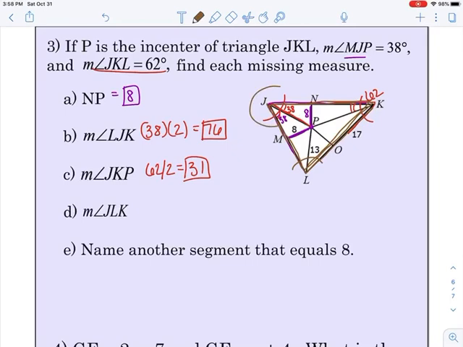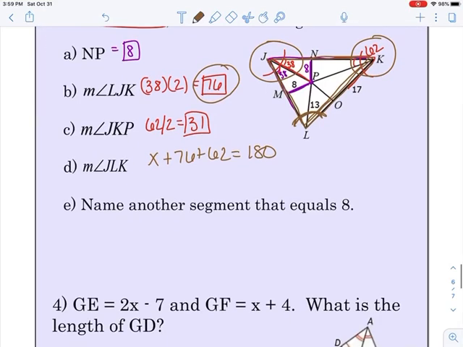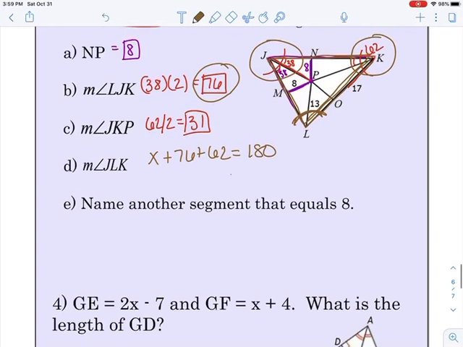We just found this whole angle back here. We already know this angle, it was given, and now I'm looking for that angle. So if I do x, the angle that I'm looking for, plus the 76 plus 62, that's going to equal 180. Add 76 plus 62 and then subtract from both sides, and that angle will be 42.